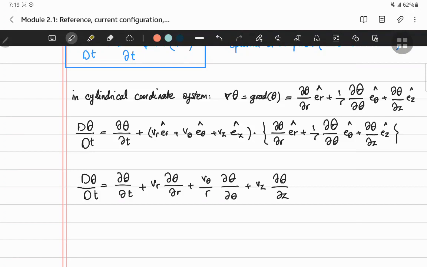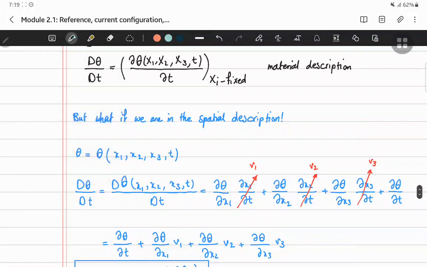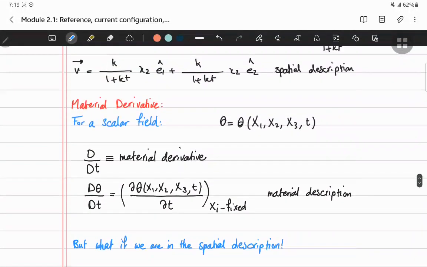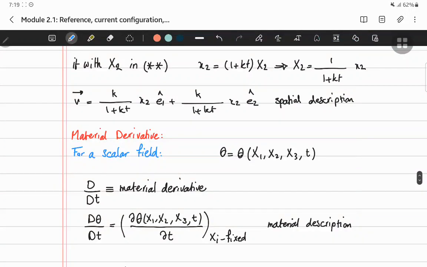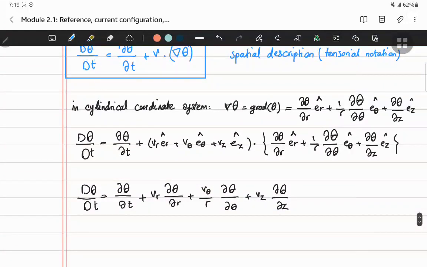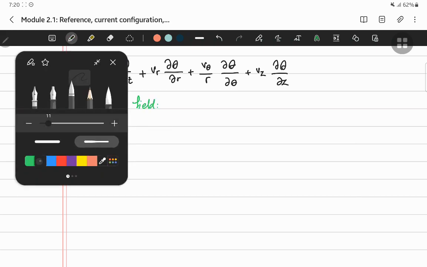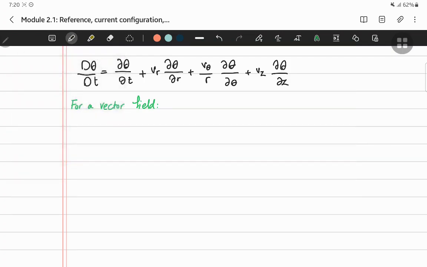So now, what if you have a vector field? We already discussed what it is for a scalar field. But what if we have a vector field? The book actually brought this up with the concept of acceleration of a particle.